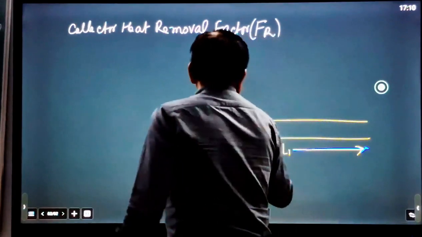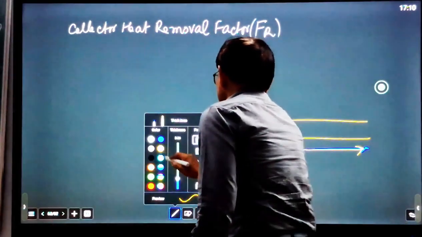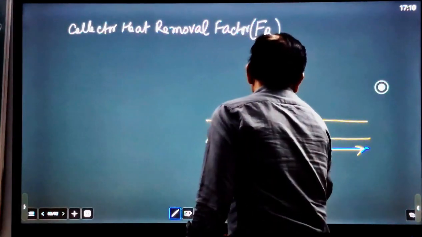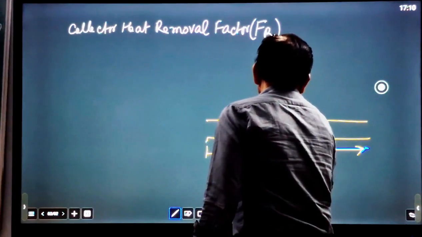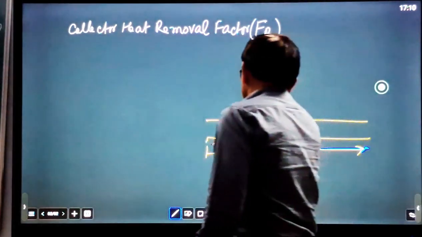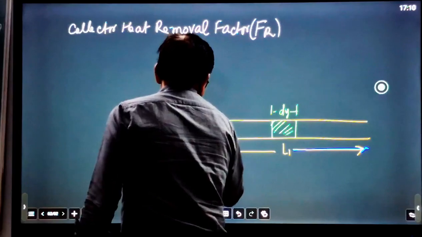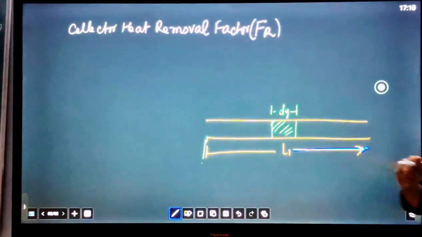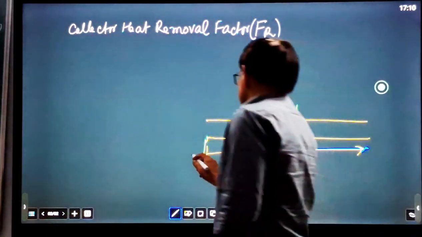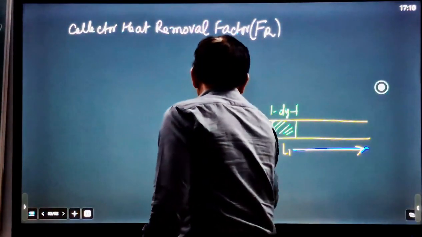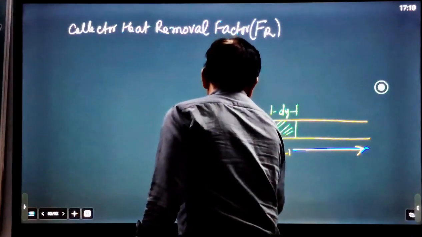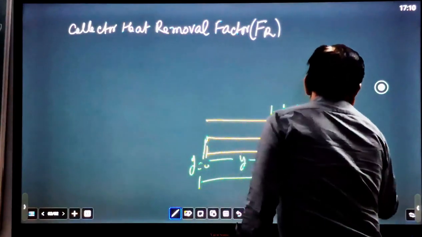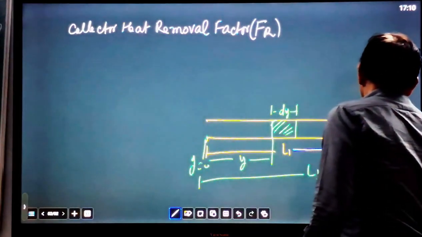Let us take a small element here, of length dy, at distance y along the tube.